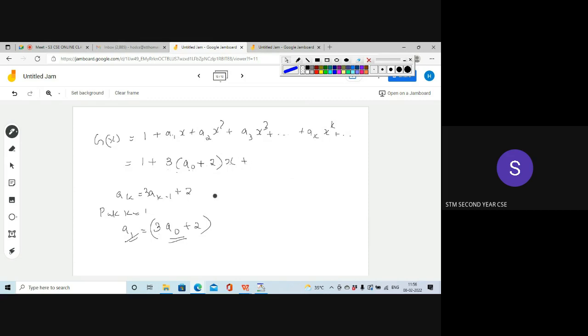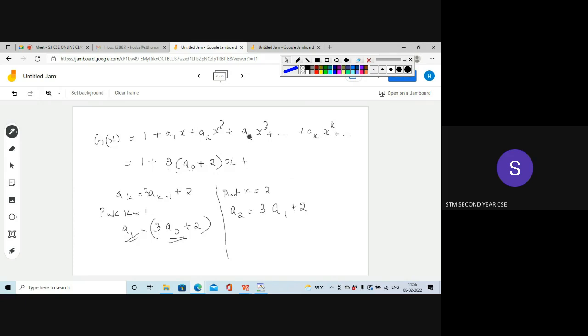So what will be a2? When I put k is equal to 2 in this equation, I get a2 is equal to 3 into a2 minus 1, that is a1 plus 2.